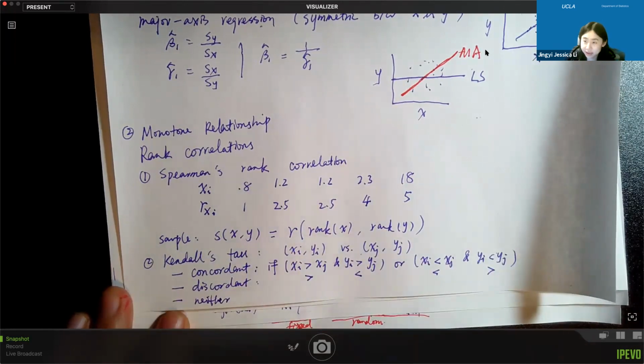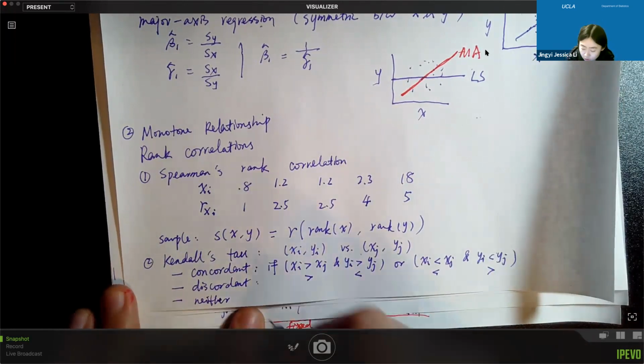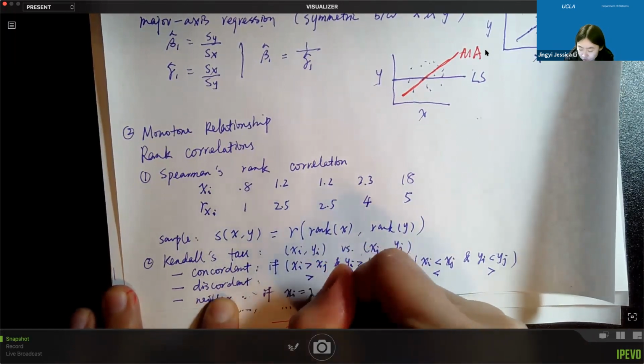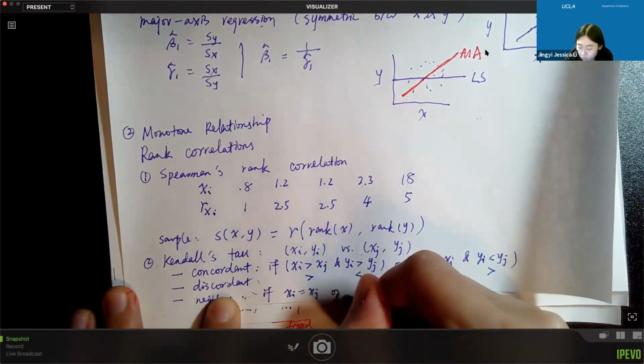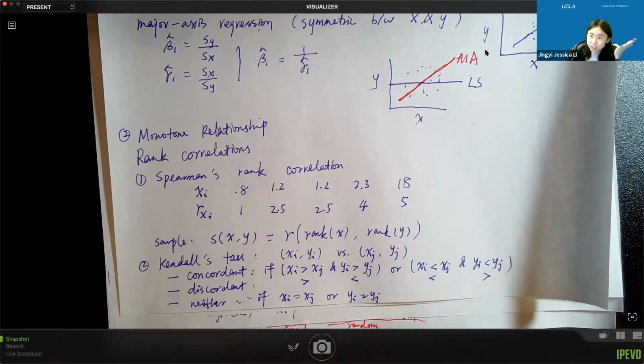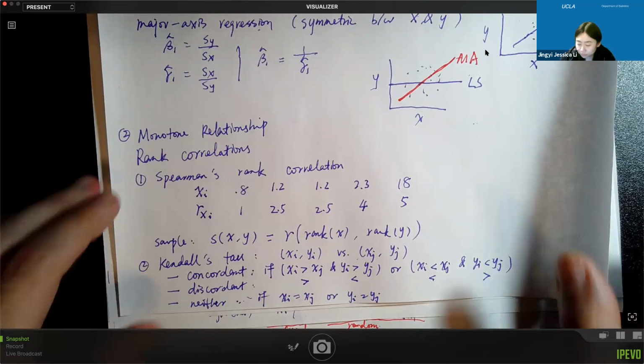That means whenever you have ties, so if xi equals xj, or yi equals yj. When you have a tie in either variable, you will not call it a discordant pair or a concordant pair. So you can actually leave the ties out of your consideration in Kendall's tau.